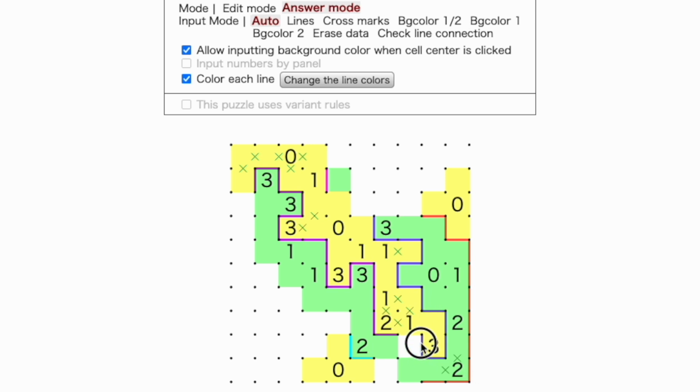Now this 3 is completely defined, giving us that, and that has completed the bottom right corner of the puzzle. Now we've got 2 completely separate regions to figure out something interesting to do. What other starting patterns can we do?